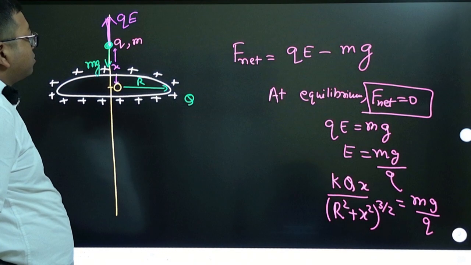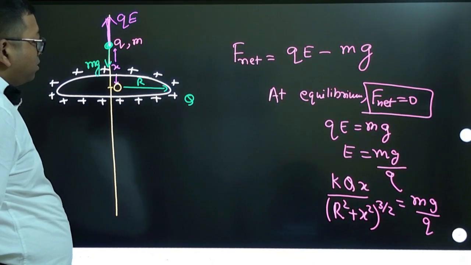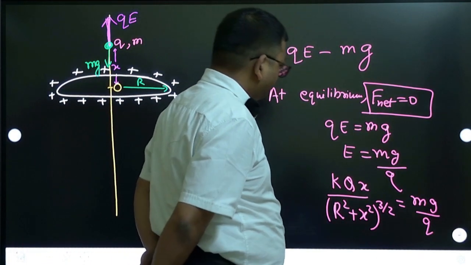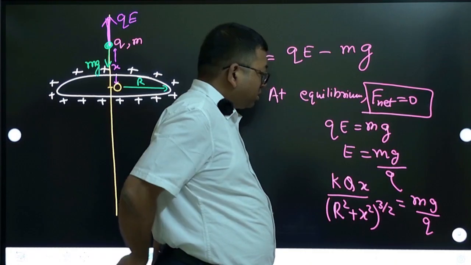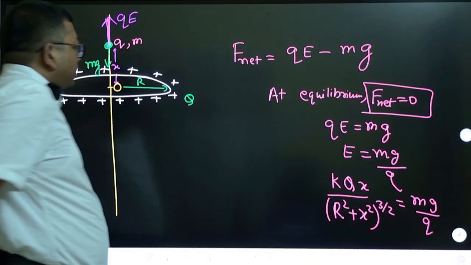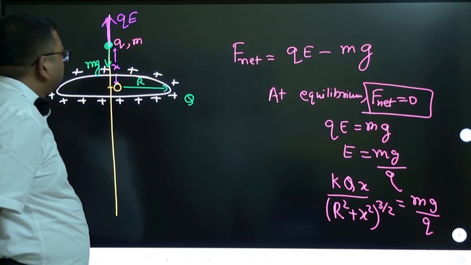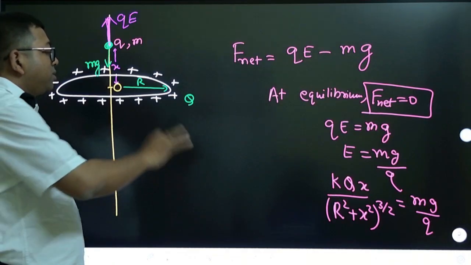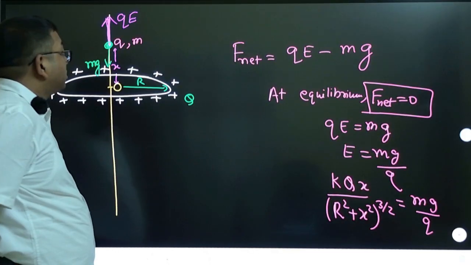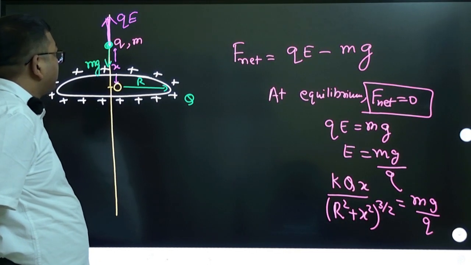Definitely you need to calculate this. This calculation may not be easy, because this is power 3 by 2 and other things. Equilibrium means we can calculate x, but how do we know what kind of equilibrium it is?